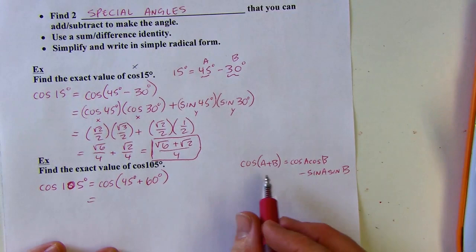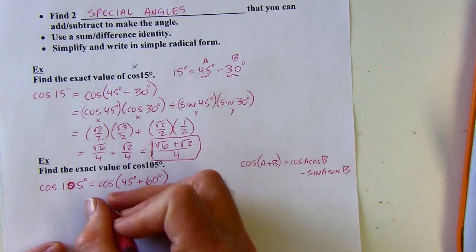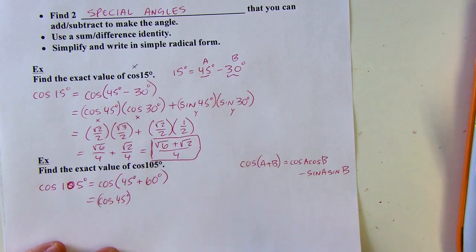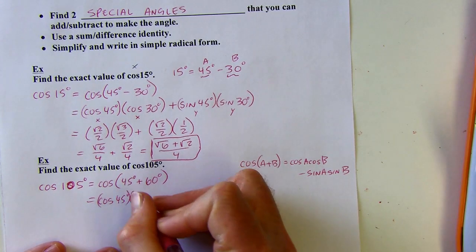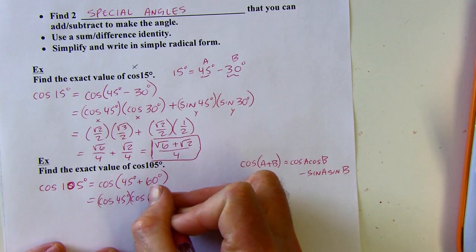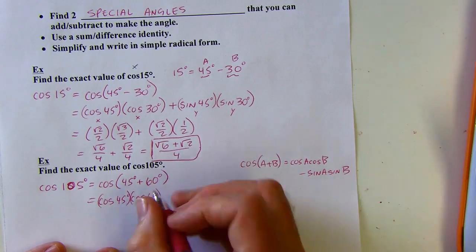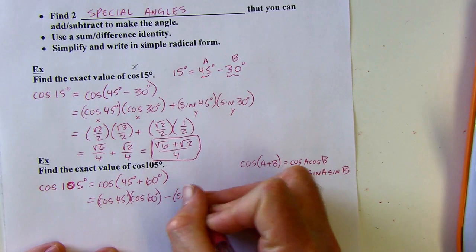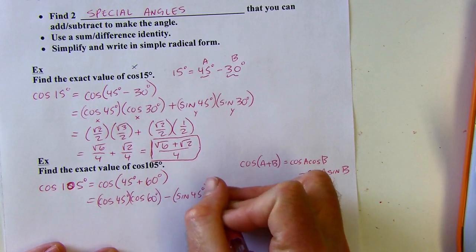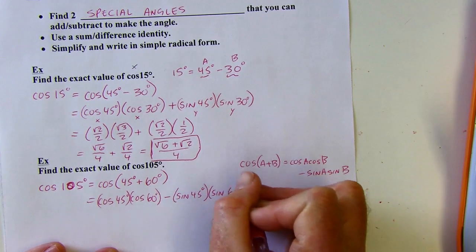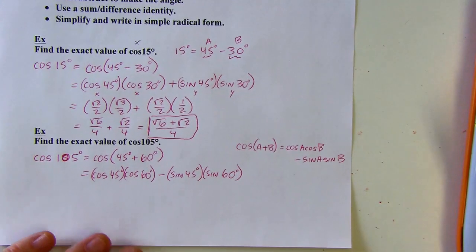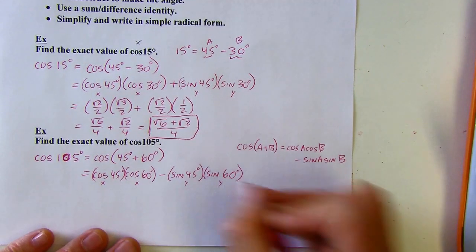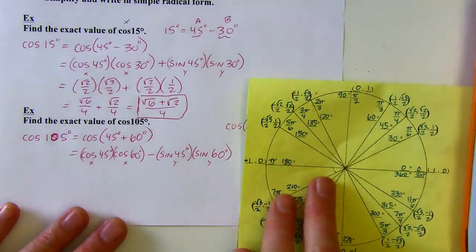So let's see. Got the cosine of A times the cosine of B. So that's the cosine of 45 degrees times the cosine of 60 degrees. Okay? Then I'm going to be subtracting sine of A times sine of B. Sine of 45 times the sine of 60 degrees. Okay, and just like the last problem, now I'll pull out my unit circle and I'll look at the x values for the cosines, I'll look at the y values for the sines, start plugging in those values.